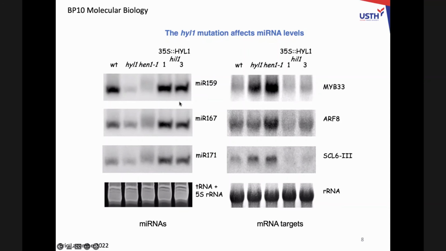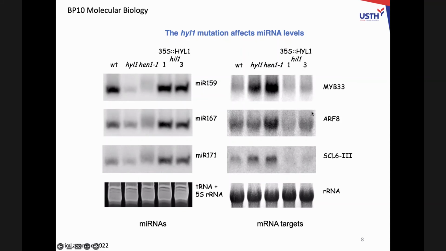On the left, we measure the accumulation of the microRNAs. They are named like that, they've got numbers. So we are monitoring the accumulation of 3 microRNAs: 159, 167, and 171. So this is the profile of these microRNAs in different genetic backgrounds. I will explain which genetic background it is.